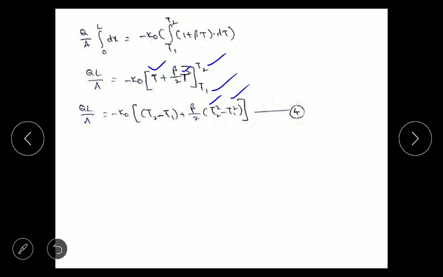From this equation, let us take minus common so that the minus gets cancelled. K naught into t1 minus t2 plus beta by 2 into t1 square minus t2 square. Now t1 square minus t2 square can be written as t1 minus t2 into t1 plus t2, like the a square minus b square formula, a plus b into a minus b.